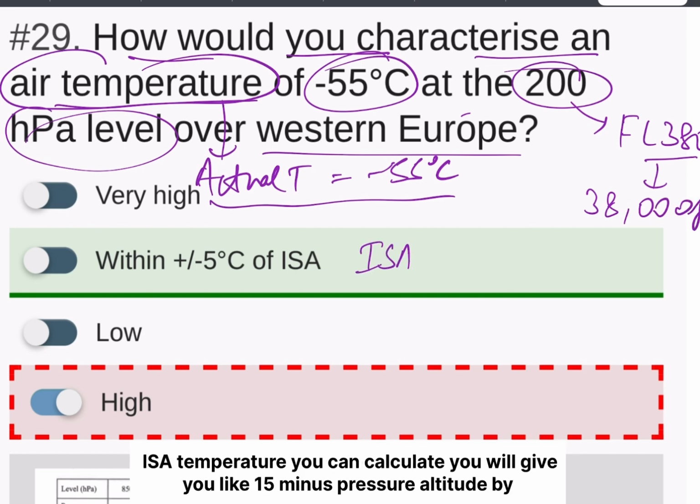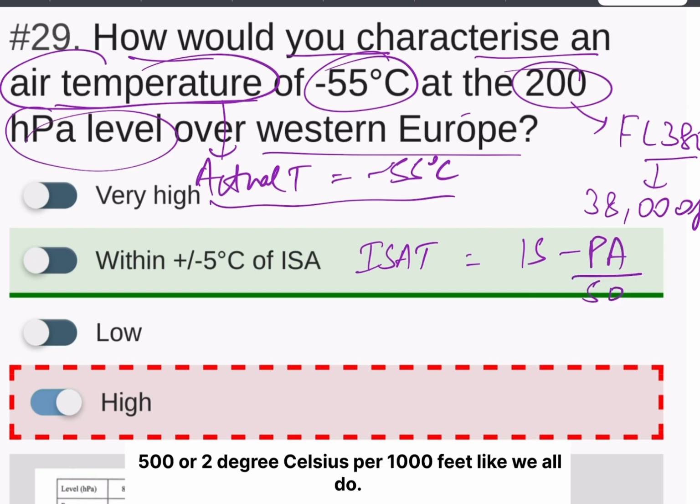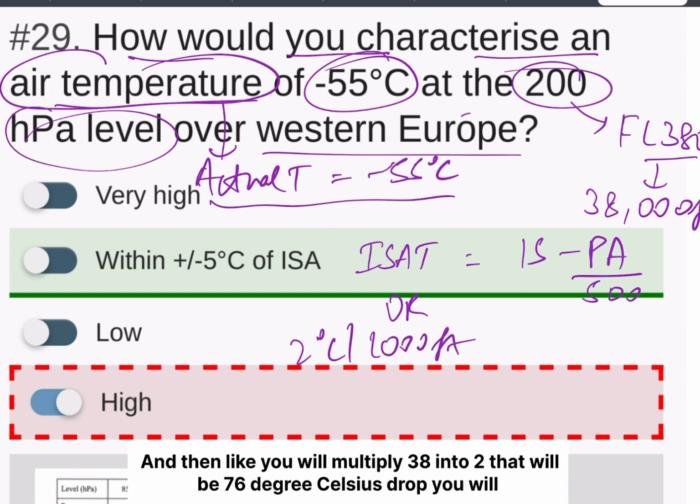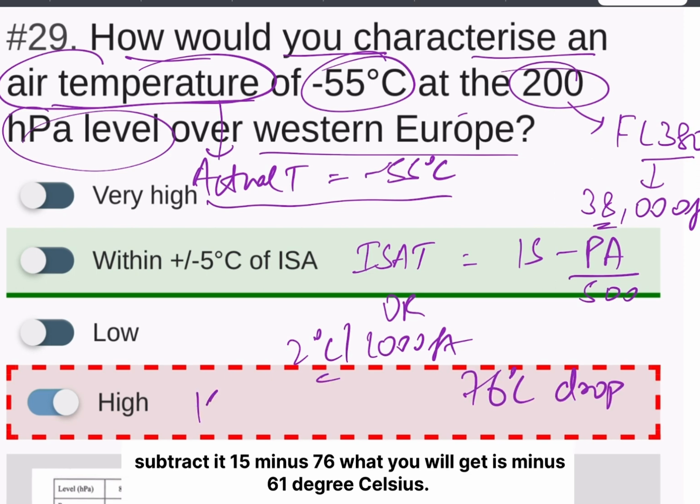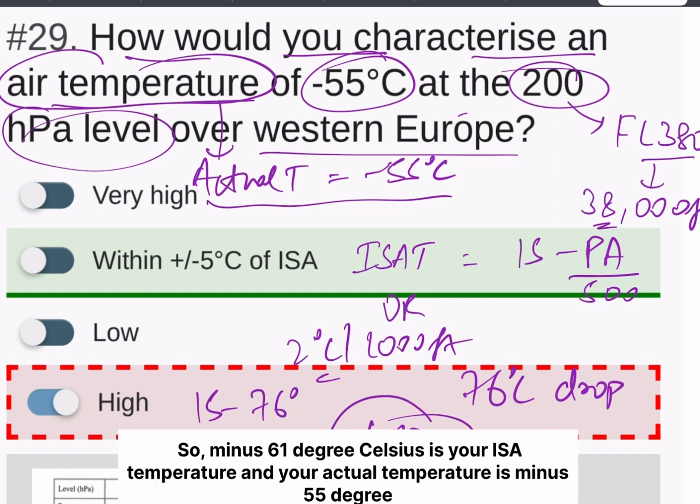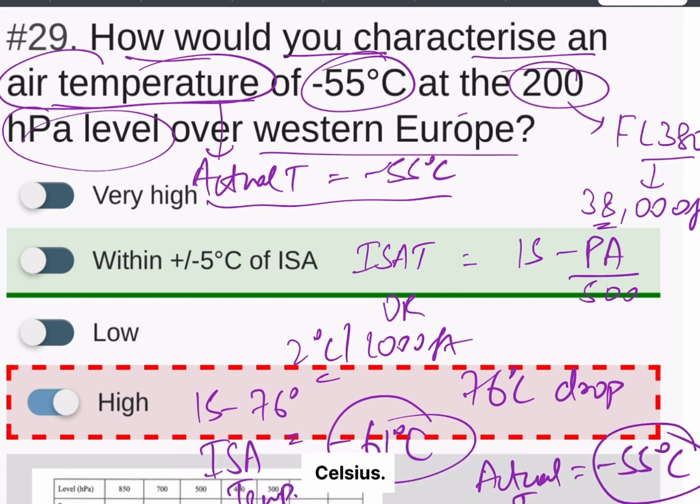You will calculate ISA temperature as 15 minus pressure altitude divided by 500, or 2 degrees Celsius per 1,000 feet, like we all do. You multiply 38 into 2, that will be a 76 degrees Celsius drop. You subtract it, 15 minus 76, and you get minus 61 degrees Celsius. So minus 61 degrees Celsius is your ISA temperature.